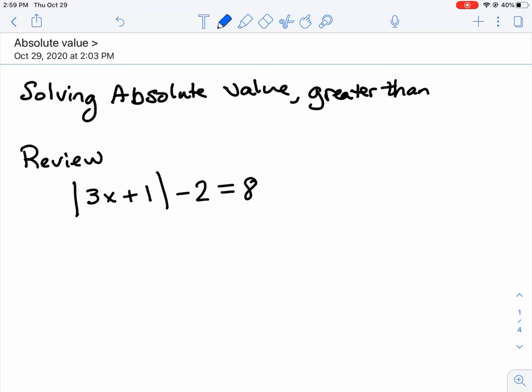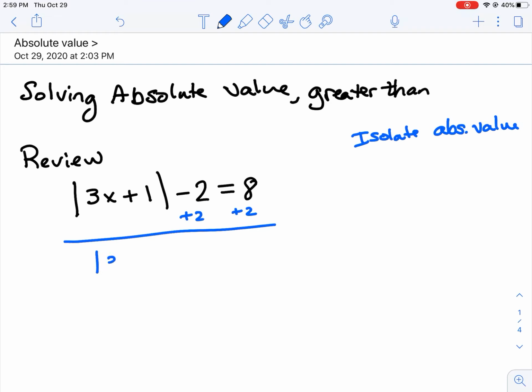All right, so when we do any absolute value, the first thing we have to do is isolate the absolute value. You can't do anything until you isolate the absolute value. So that means I'm going to add 2 to both sides. Now this is equal. You should have watched the video on this. So 3x plus 1 equals 10.